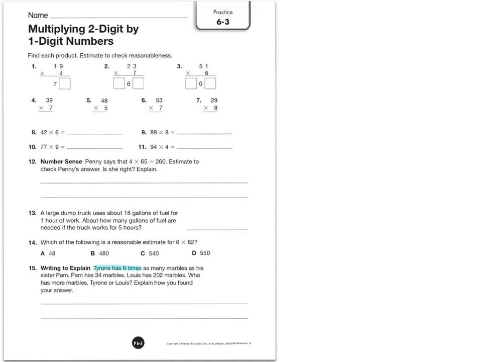Pam has 34 marbles. Tyrone has 6 times as many. That means he has a lot more, 6 times as many as Pam. And Pam has 34. So we know part of that problem is going to be 34 times 6, and this is going to give us Tyrone.